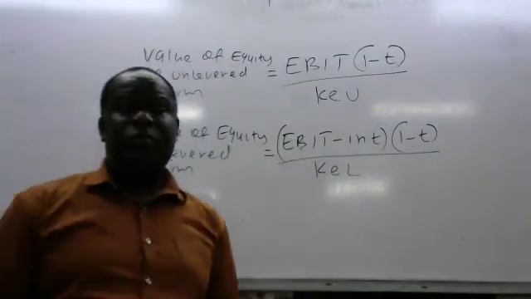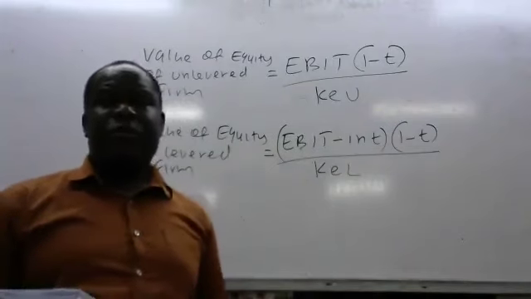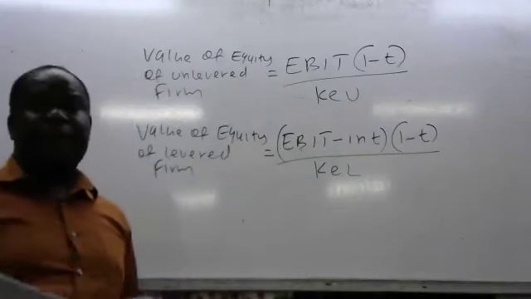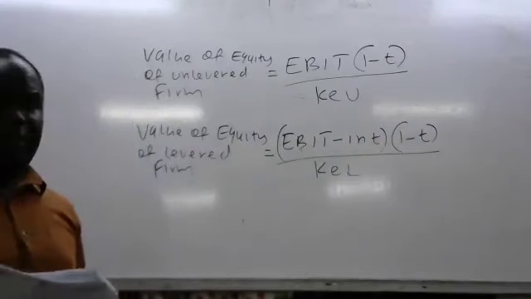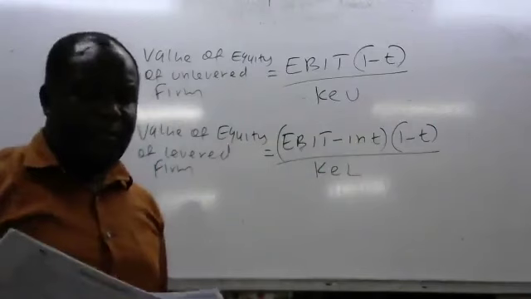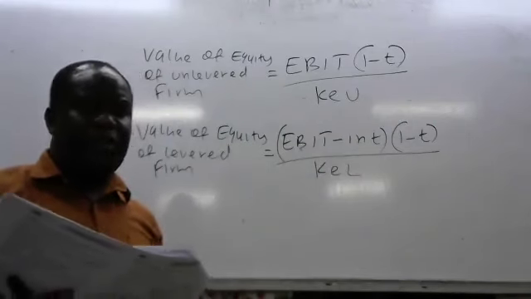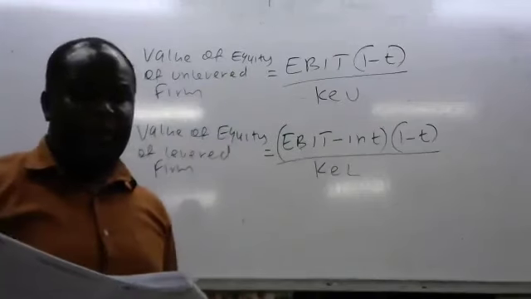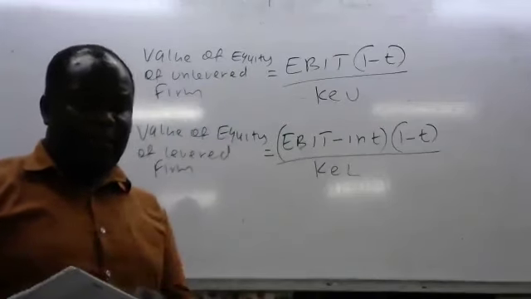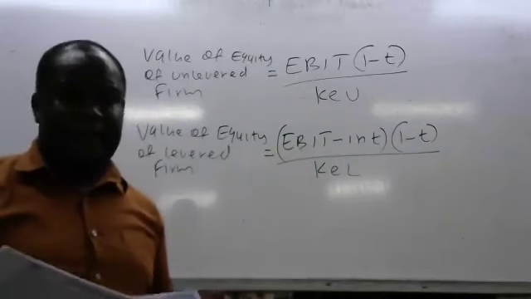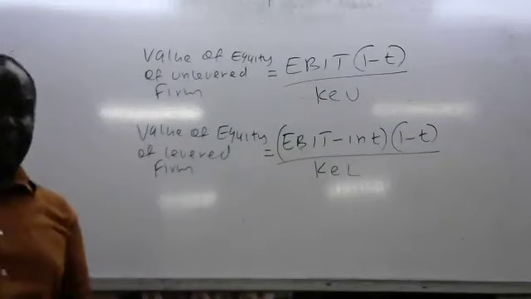Question 2 part A says that the following extract of the balance sheet of Mapato Limited shows the capital structure of the company as at 31st December 2007.